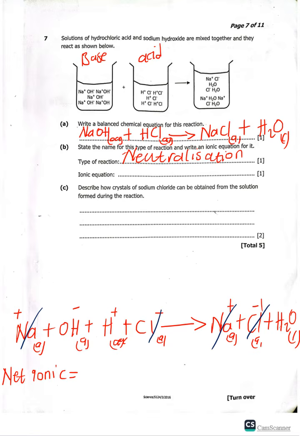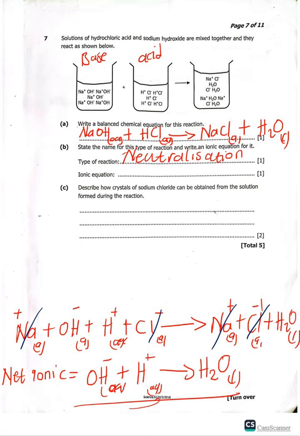So our net equation will have hydroxide minus aqueous plus hydrogen. So this is now our net ionic equation. So it depends on the need of the question. So now let's move on to question C.